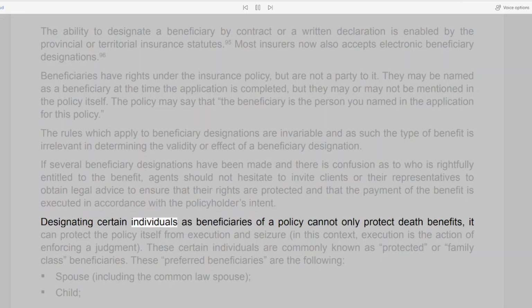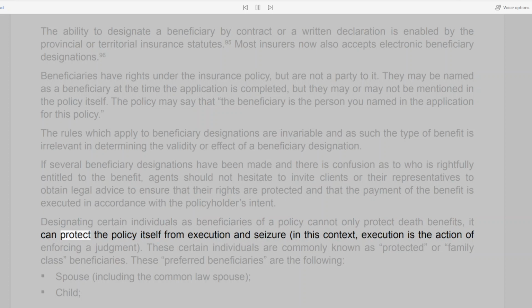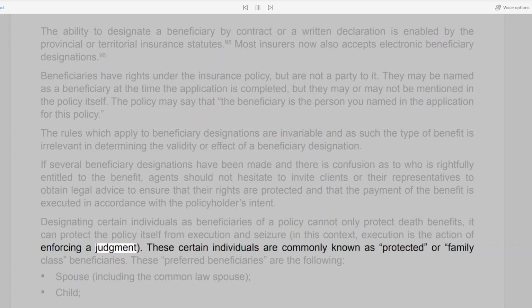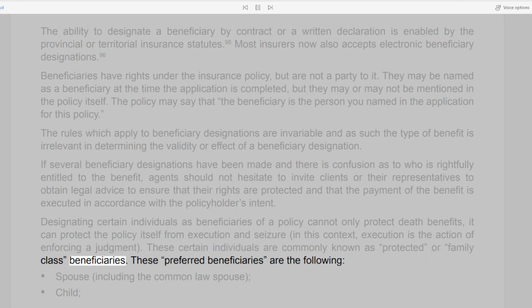Designating certain individuals as beneficiaries of a policy can not only protect death benefits, it can protect the policy itself from execution and seizure. In this context, execution is the action of enforcing a judgment. These certain individuals are commonly known as protected or family class beneficiaries.